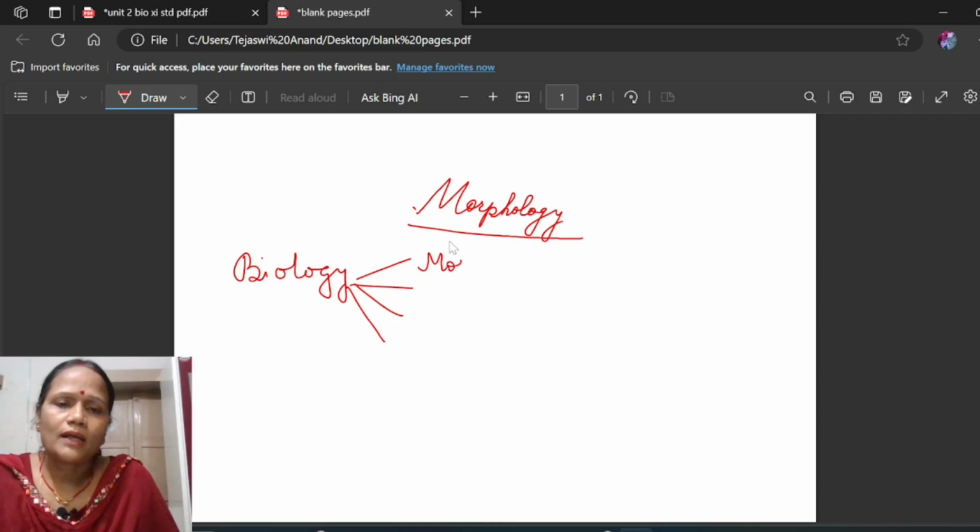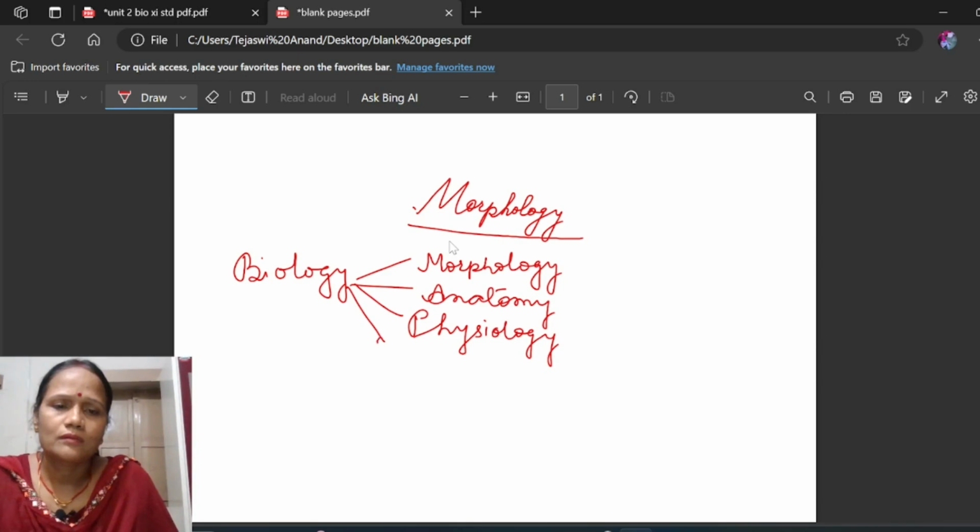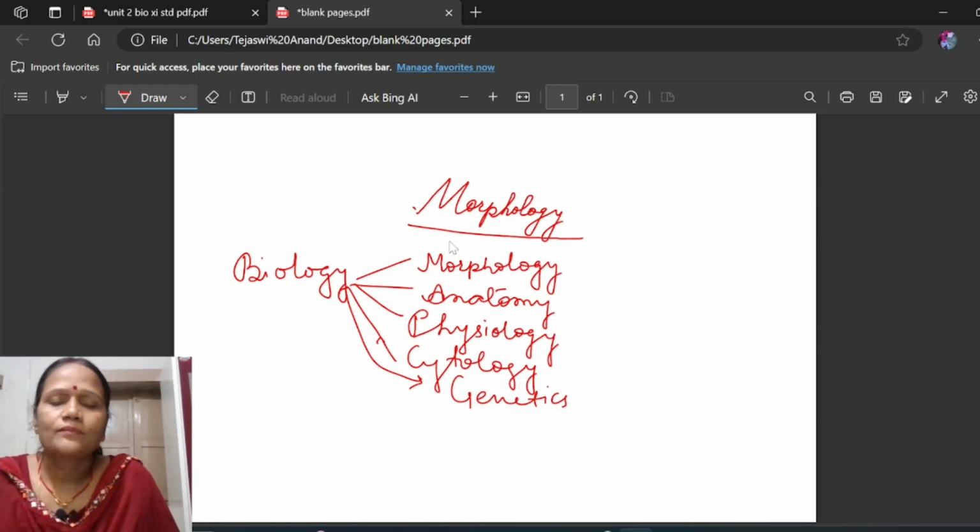These are important branches like morphology, anatomy, physiology, cytology, and genetics. These are the different branches that we have to study, in botany as well as in zoology.